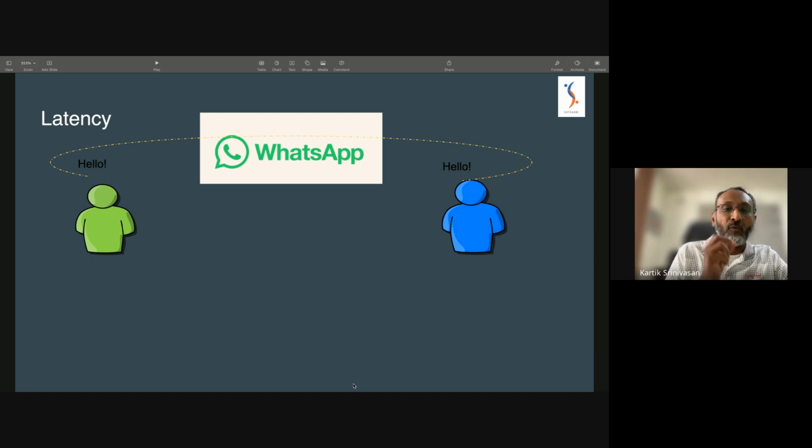What do you think will be a measure of latency for the WhatsApp system? Anyone who wants to take a guess? In the context of this software product called WhatsApp, what is the latency when the green person is trying to make a conversation or a call to the blue person?